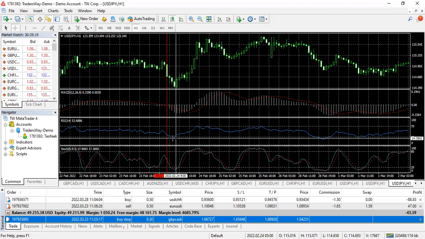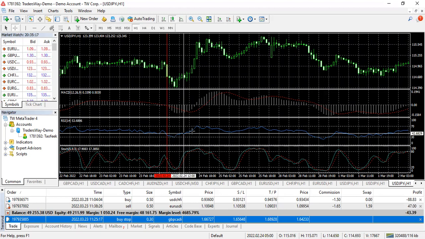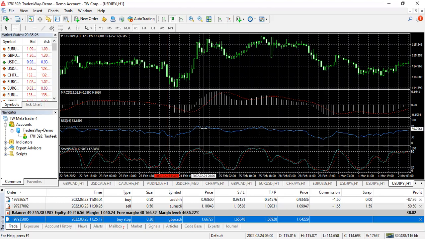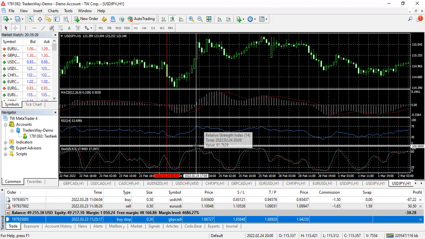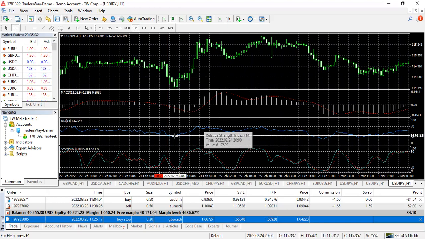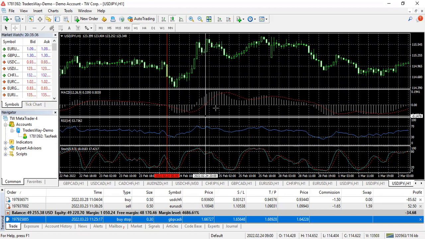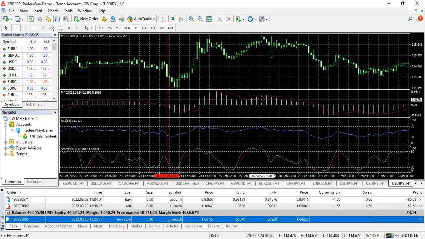But this one, it only touched the 30 points before it reversed. What I mean by point is the level. This only touched the 30 level before it reversed. But sometimes I might set a strategy that it is not about touching, it is about coming down below 30. If it comes down below 30, that is the only way I can buy.